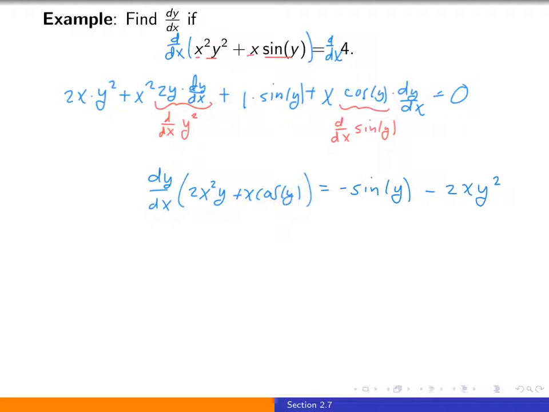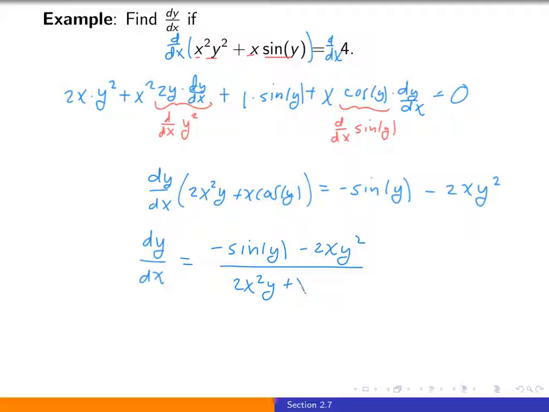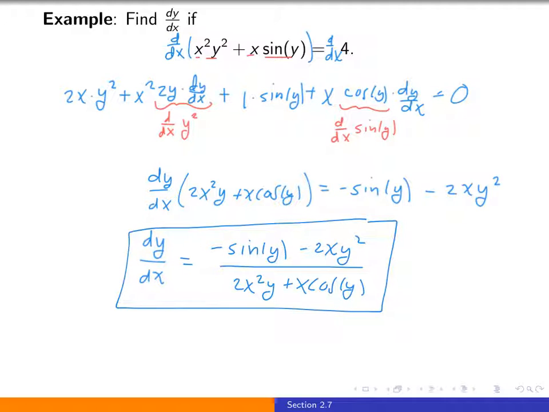And lastly, we algebraically isolate the dy/dx. So we take this expression that's multiplied by it and divide it off both sides. So there's minus sine y minus 2xy squared on the right, and we are dividing this by 2x squared y plus x cosine y. And this expression represents the derivative dy/dx.